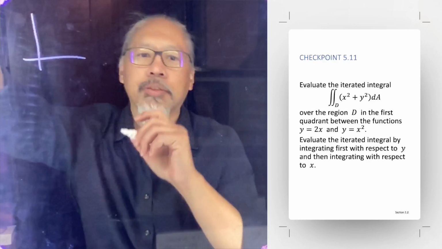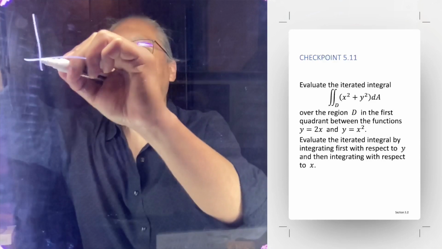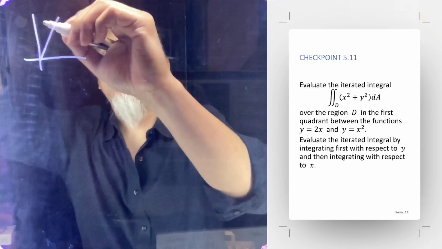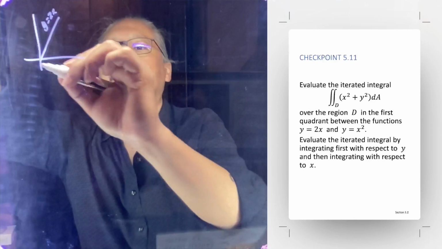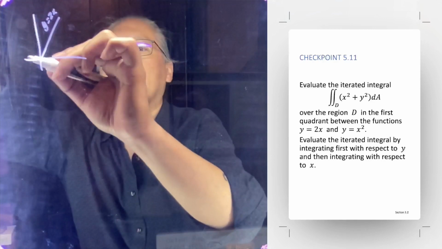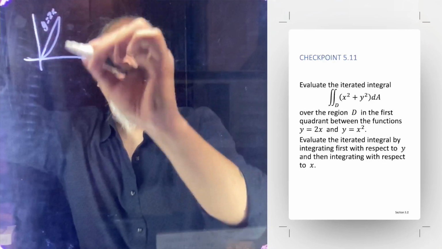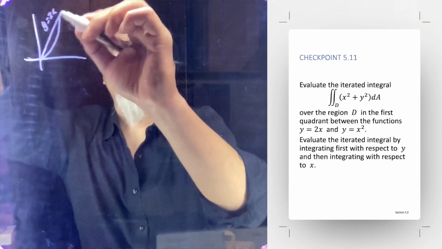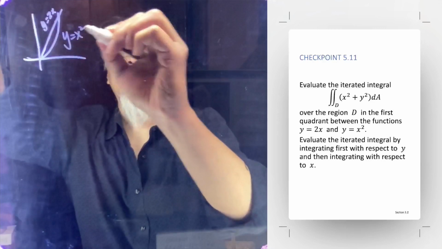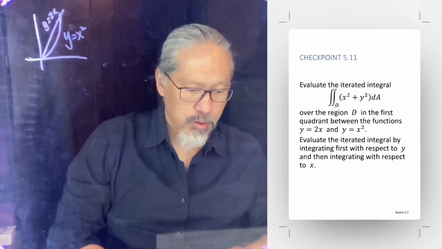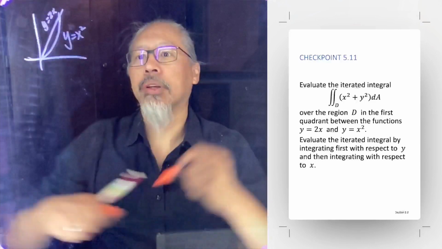Alright, let's figure out how this graph is going to look first. y is equal to 2x is a line with slope 2, and you have your standard parabola. The other important part needed here is where they intersect. So we need to figure out those points where they intersect.